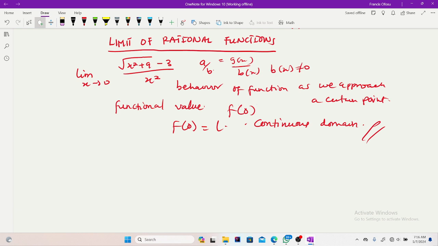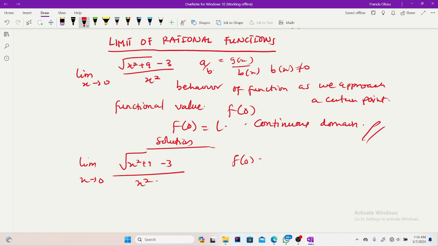Let's get straight to this problem. Solution. I have this function, square root of s squared plus 9 minus 3, all over s squared, and I'm finding the limit as s approaches 0. The first thing to do is to find your functional value. So f of 0 becomes square root of 0 plus 9 minus 3, all over 0 squared.